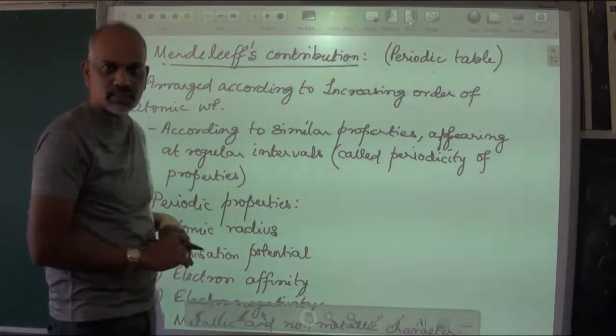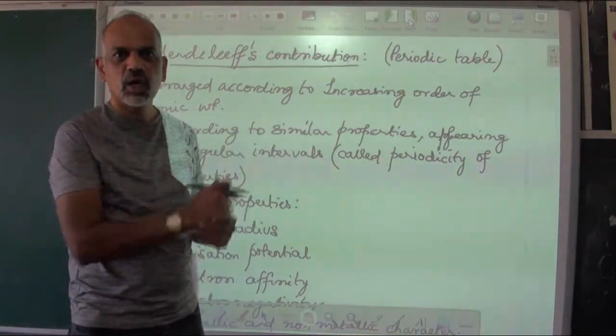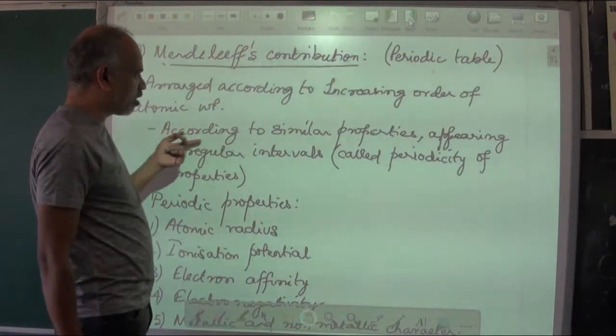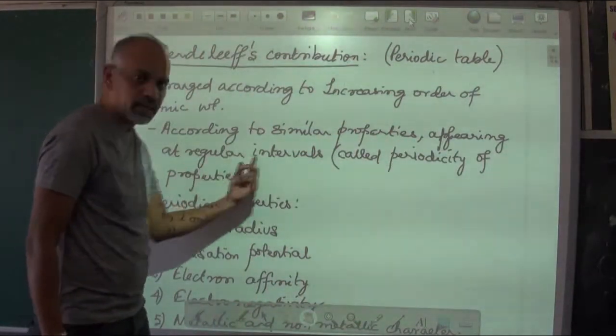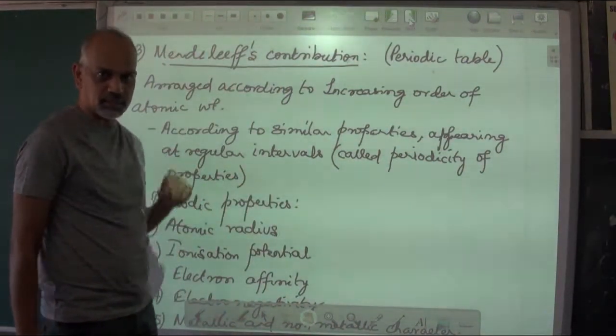This is the third person arranging it according to atomic weights. And also, he arranged them according to similar properties appearing at regular intervals, which is called periodicity of properties.